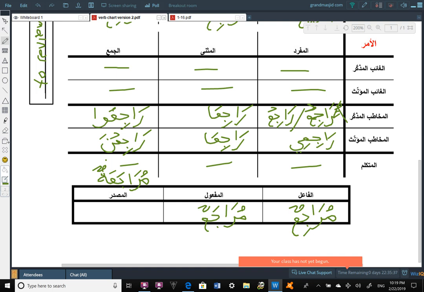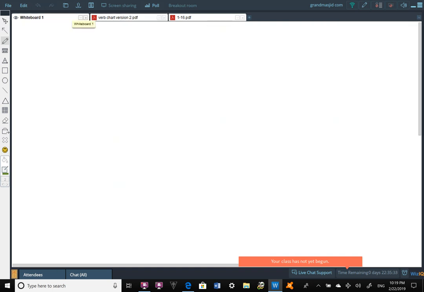Inshallah ta'ala. For some other verbs, if you want to do some more, there is qarana, to compare. There is tala'a, to read.